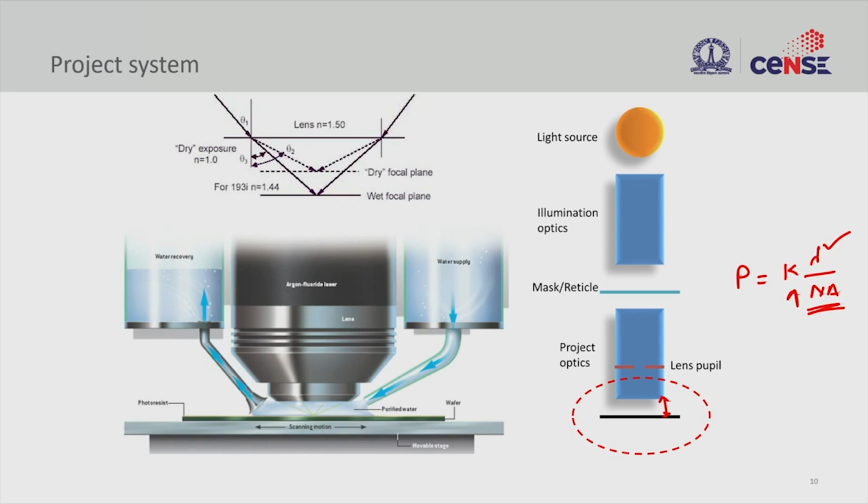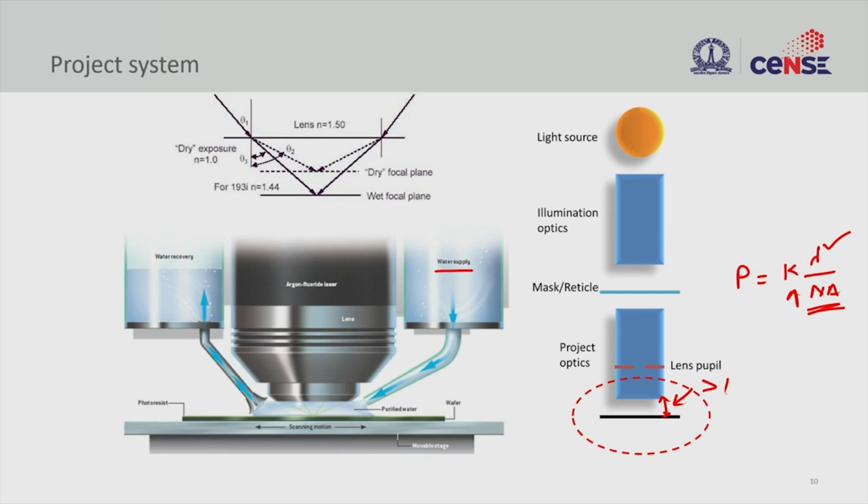In order to increase the NA, you have to remove the air and put in a material that has a refractive index greater than 1. The only way to do that is to put in a liquid, water in this case, or use some sort of oil. When you put this immersion fluid, water or oil, your imaging is going to be better.